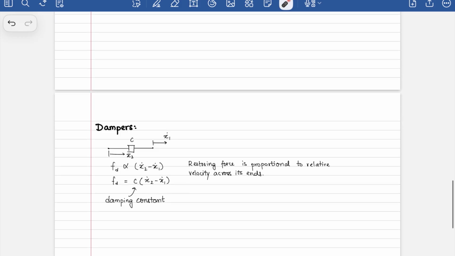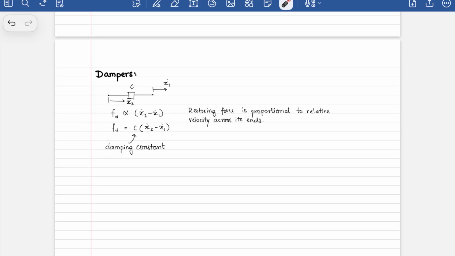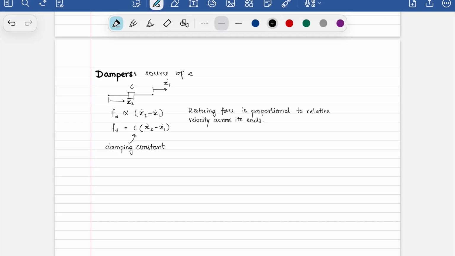A damper, on the other hand, is a way of modeling a source of energy dissipation. So, for example, if you have parasitic losses due to friction or some chemical reactions and so on, this would be captured using a damper.